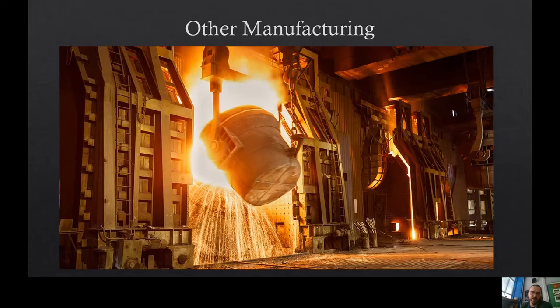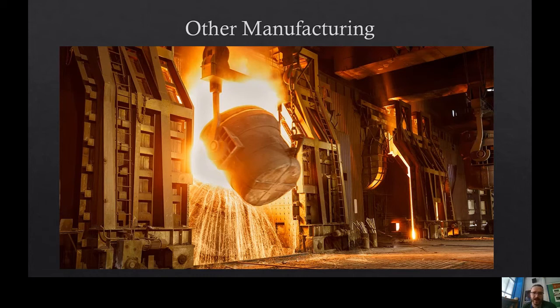Okay. Other manufacturing also, you should consider as well. Steel, copper, aluminum, any kind of metal. You're basically having to melt rocks to make those metals. And technically, you could probably do it without releasing carbon dioxide, but it would be pretty hard.